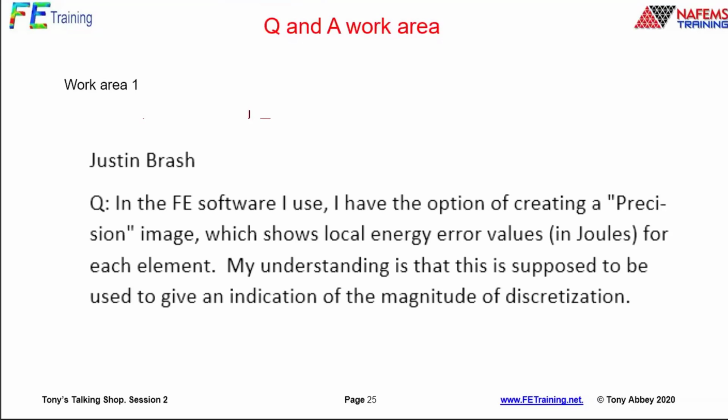You're looking at work done or energy. So it's another kind of contour plot. And there you're looking for, does the distribution make sense? Are these areas of low energy or low work done? Are these areas of high energy? Are they in the right place? And if we switch off the averaging, do we see big jumps between adjacent elements? So again, we'd use it in a similar way to the way that we would use stresses.